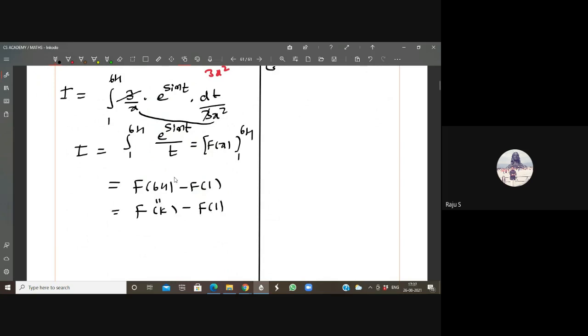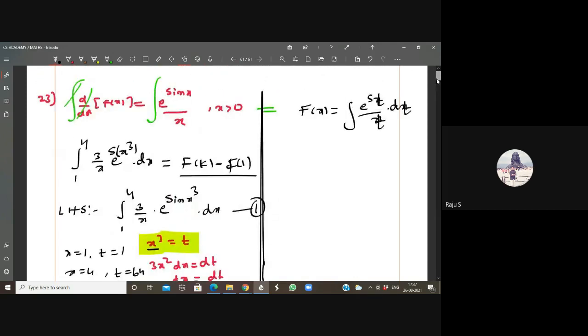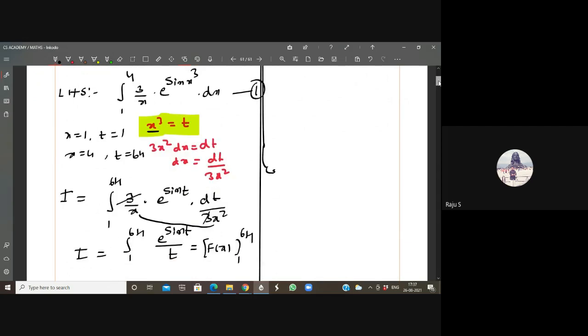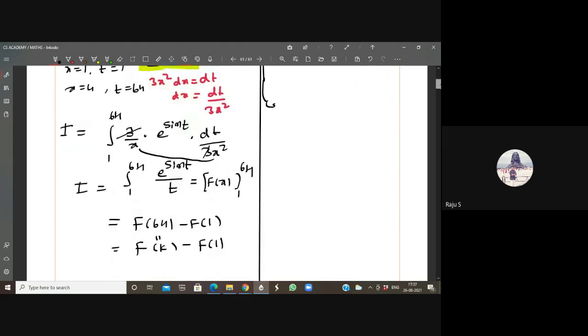The k value is 64. Once again, they have given one condition. I'm taking integration on both sides, and we got capital F of x. Taking the given integral from 1 to 4, on the LHS alone I take x cube equal to t and differentiate. I changed the limits and substituted all the values.